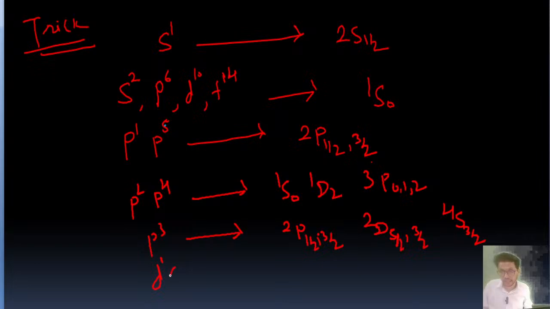Okay, and for d1 and d9, the ground state term is going to be 2D with 3/2 and 5/2.